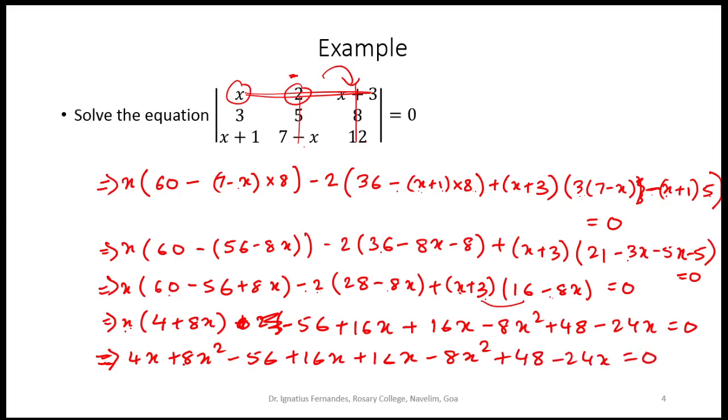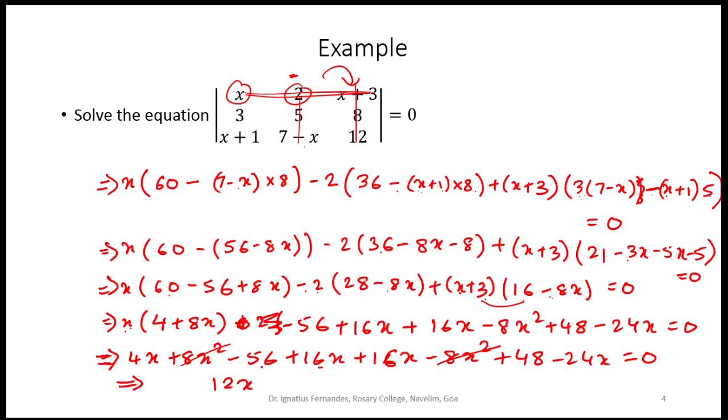So the 8x square and minus 8x square will cancel. I have 4x plus 16x plus 16x, that is 36x, and 36x minus 24x is 12x.